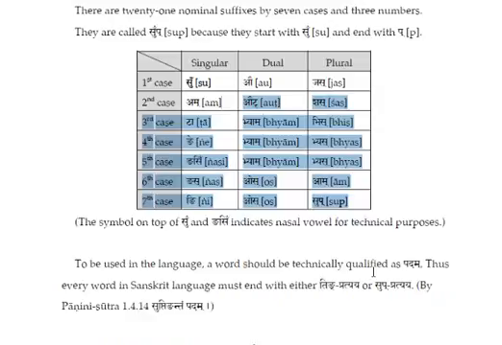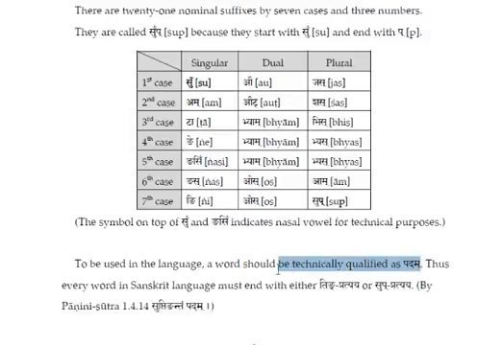To be used in the language, a word should be technically qualified as padam. When you read the Gita, when you read the Ramayana, they consist of sentences, and the sentences consist of words.